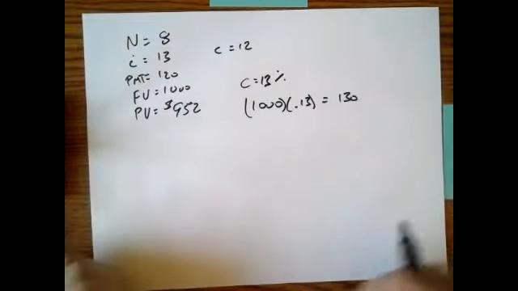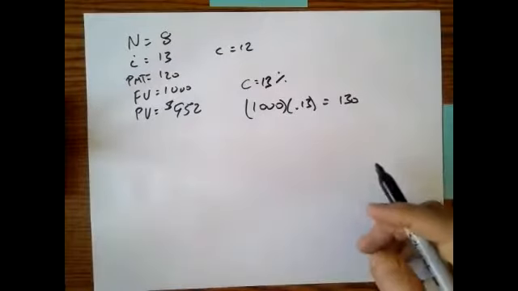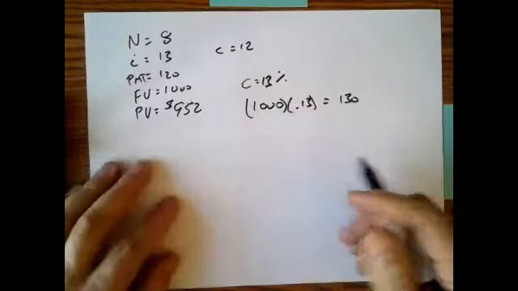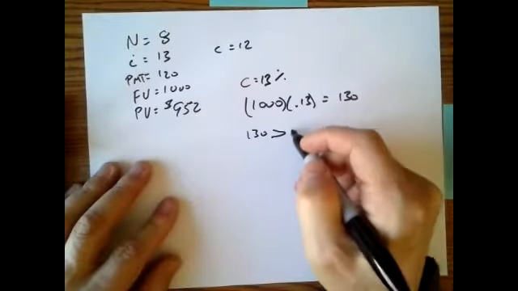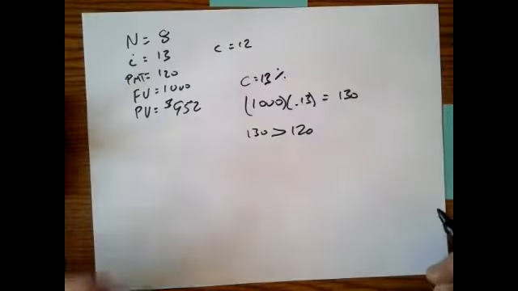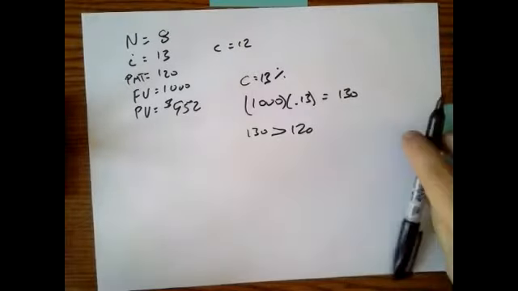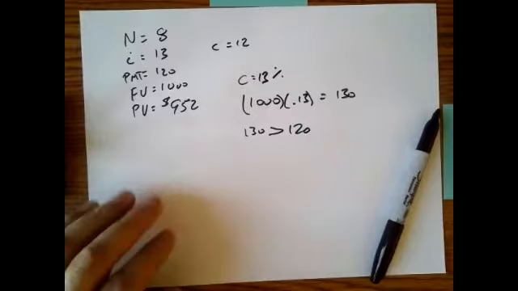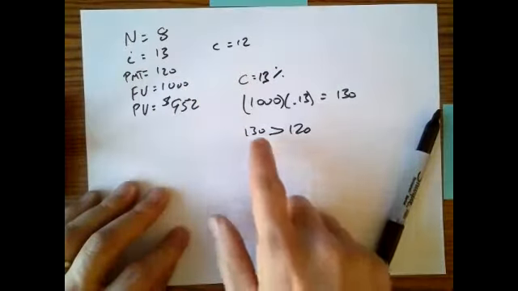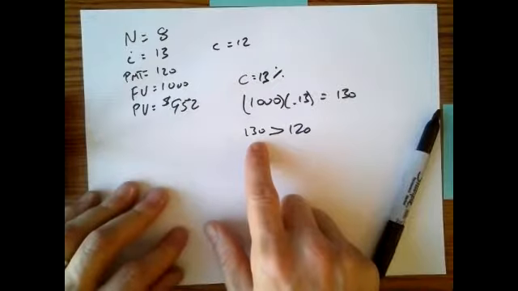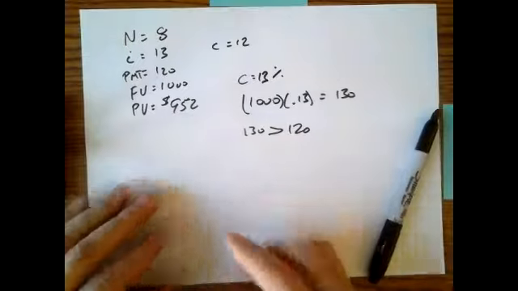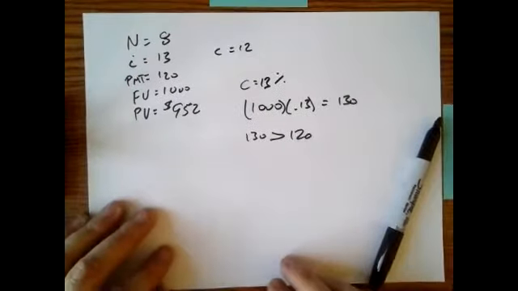So here, investors would rather get the $130 payment per period than the $120 payment per period, because 130 is bigger than 120. So in order to convince investors to buy our bond that has a $120 coupon payment instead of the market $130 coupon payment, we have to reduce the price of our bond to make it more appealing to investors.